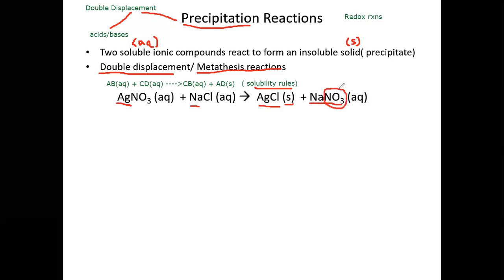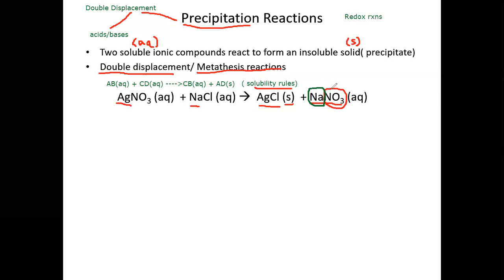The other tip I can give you is that all group 1 cations form soluble compounds. So if you see a group 1 cation in a compound, it's going to be soluble. That's like lithium, sodium, potassium, cesium, rubidium, etc. Those are two tips to remember.